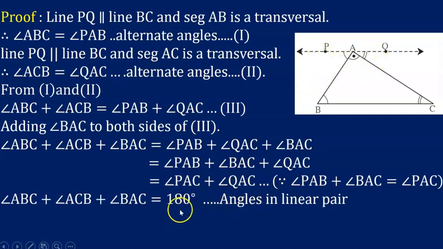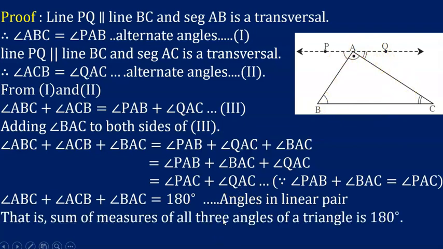Their sum is equal to 180, and hence the measure of angle ABC plus measure of angle ACB plus measure of angle BAC is equal to 180. That is, the sum of measures of all angles of a triangle is 180. Okay, and this we have proved.